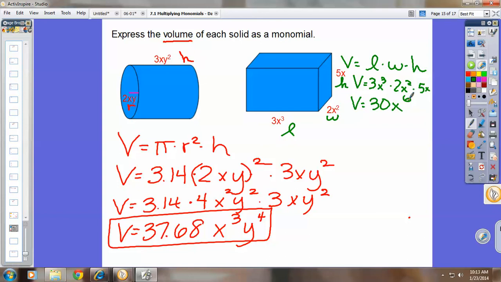I'm going to ask that you practice a few problems today. We're continuing with simplifying our monomials, but we're also going to work with some of these figures. The assignment that I have on the board, I'm going to adjust slightly.